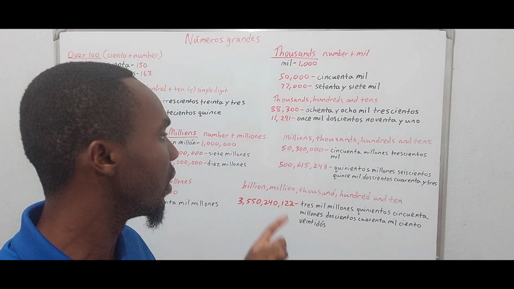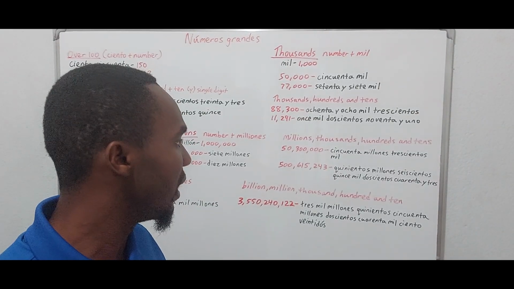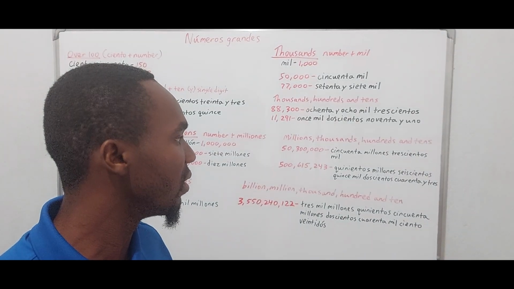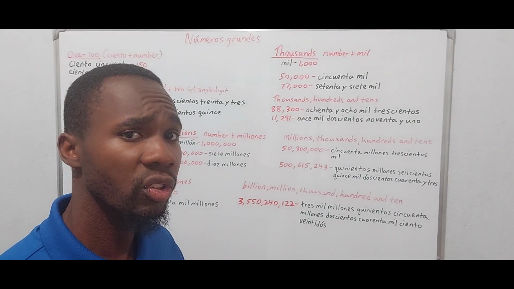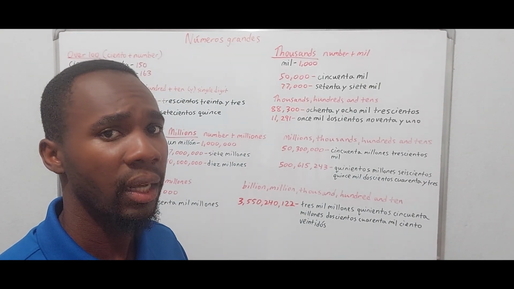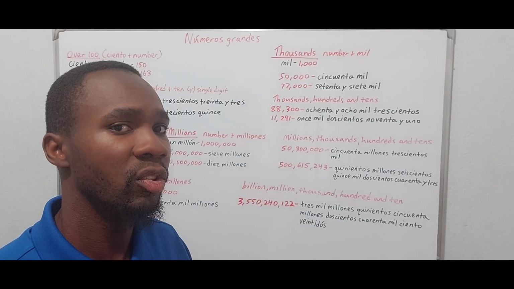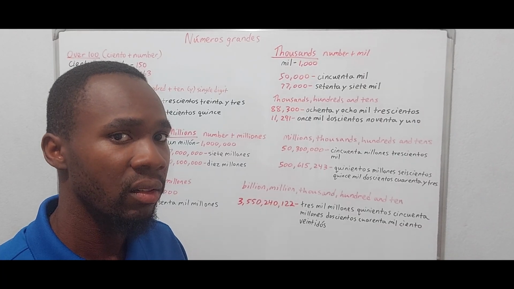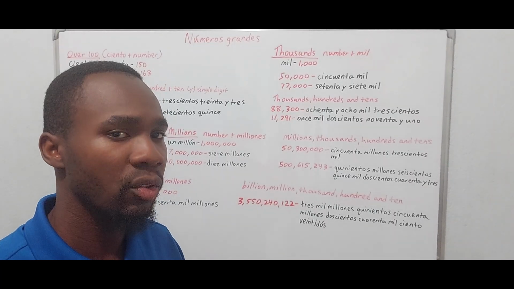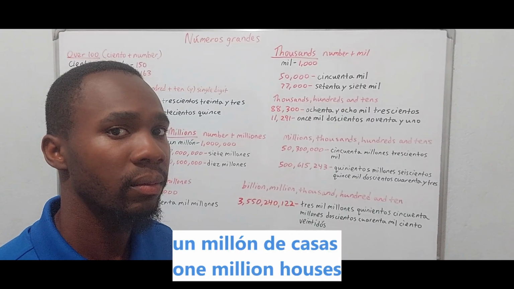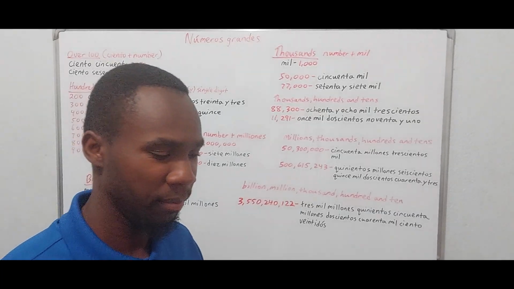So that's how you would say this number in written form. Just remember that when we're using this as an adjective and we only have that specific unit, which would be millions, we have to put de after it. So as I was saying, un millón de casas, 1 million houses, okay? Muy bien.